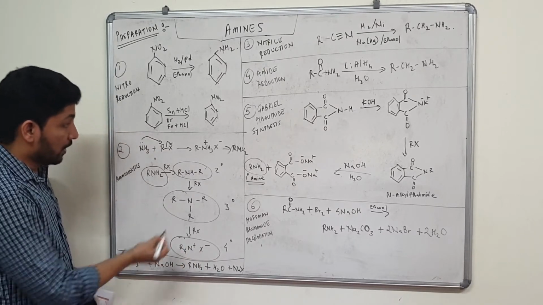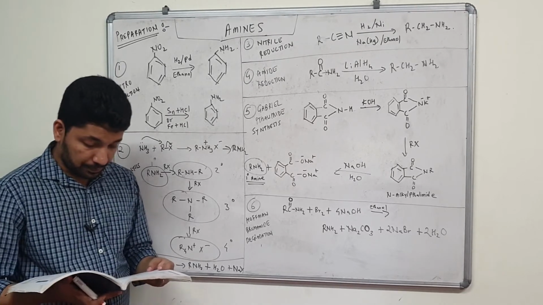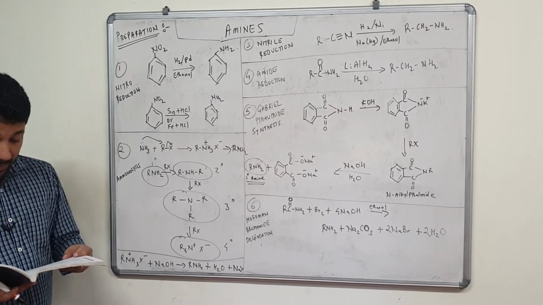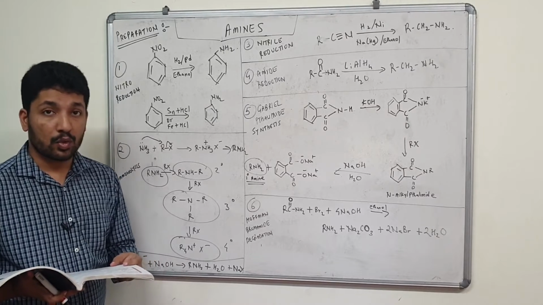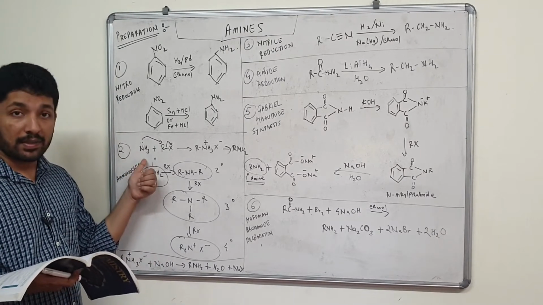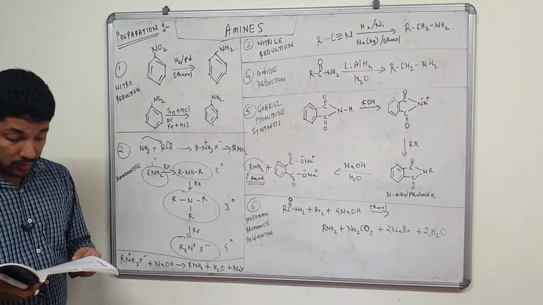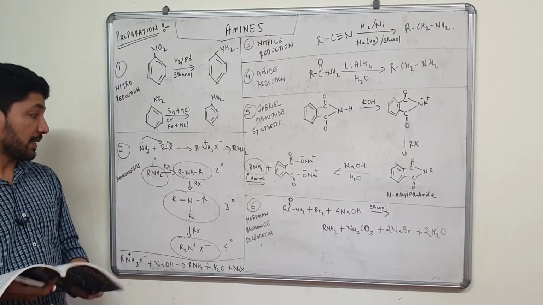Let me just read what is there over here. The carbon halogen bond in alkyl or benzyl halides can be easily cleaved by a nucleophile. So the nucleophile is the amine group. Hence alkyl or benzyl halide reacts with an ethanolic solution of ammonia. Ethanolic solution of ammonia means ethanol is present.